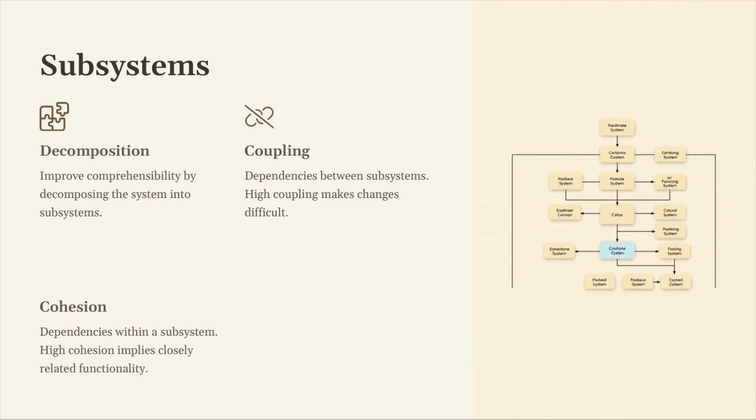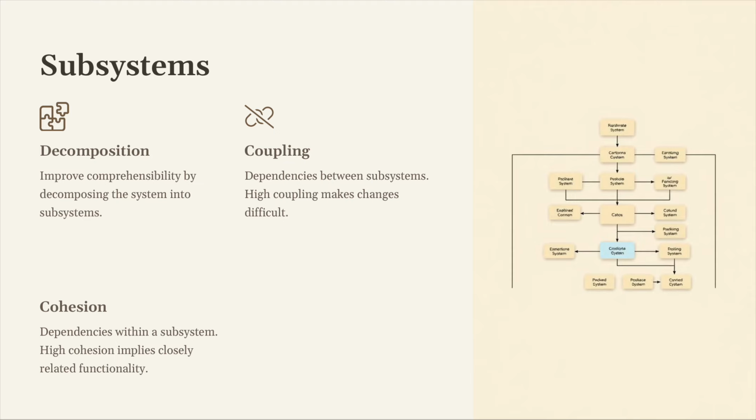Subsystems divide a system into manageable parts, each with a specific role. Decomposition. Breaking the system into subsystems improves understanding and simplifies design. Coupling. This refers to dependencies between subsystems.